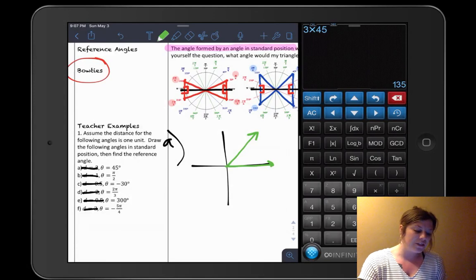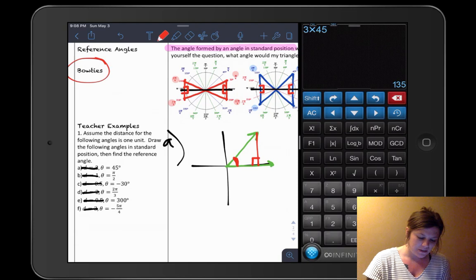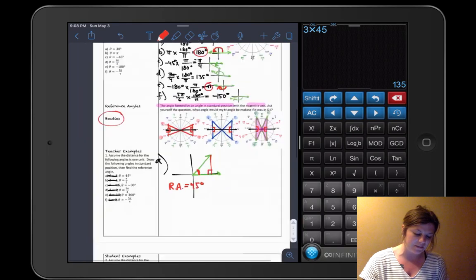And then our reference angle is the angle that this makes if we drop down to the x-axis and we make a right angle. We want to know, what is this angle right here? Well, it's 45 degrees because we just went up 45 degrees, we come down 45 degrees. So the way that I write this as my answer is reference angle equals 45 degrees.